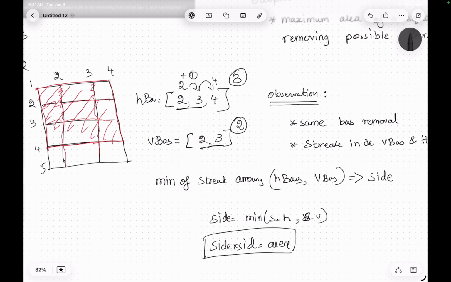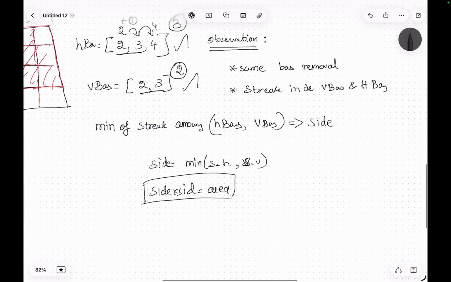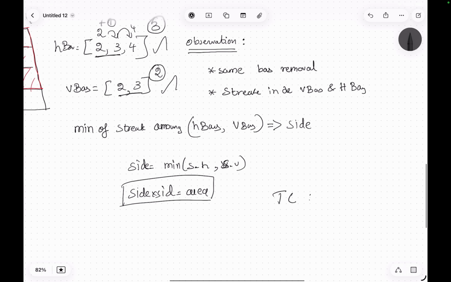And also we need to sort this, so we will be using the sort function to sort this particular h bar and v bar, and because of that the time complexity will be, for h bar it can be n log n, right? And this can be m log m, right?